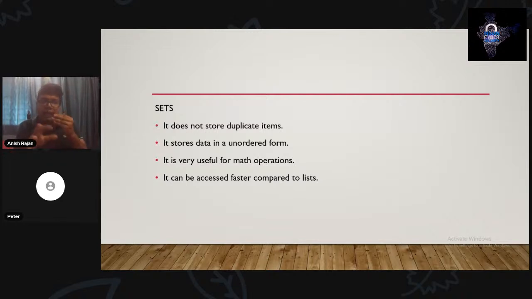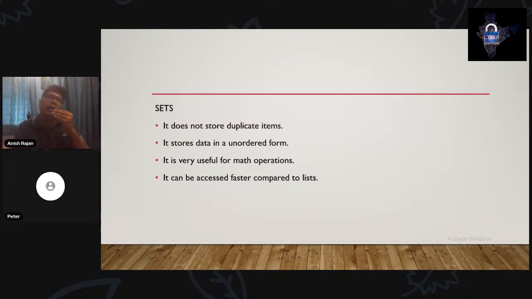Okay. And sets have one feature, which is that they do not store duplicate items. So when you input duplicate items into a set, it will not store those items. Okay, and a set stores data in an unordered form, so it's not sequential over here. So for example, I have a set, and I'm inserting one data item into that set.